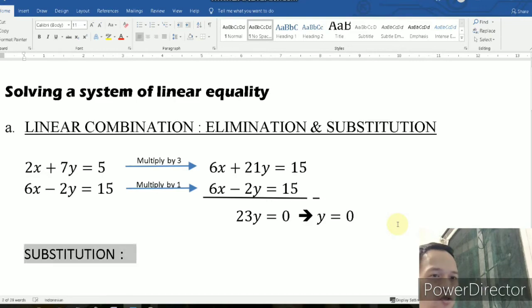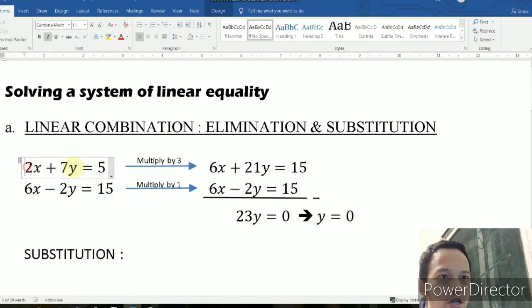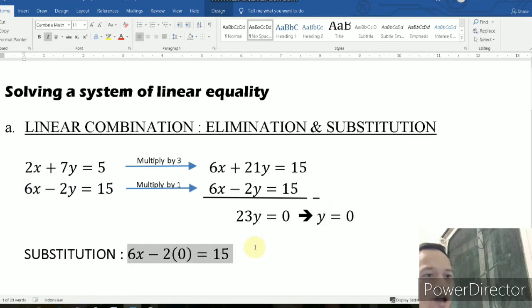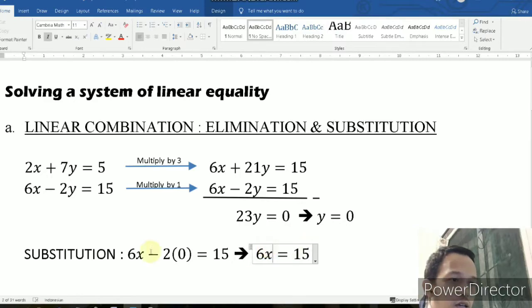So we substitute the value we already have, y equals 0, into one of these. You can pick either the first or the second. I will use the second one, 6x minus 2y equals 15. I substitute y by 0, and then I find the x.